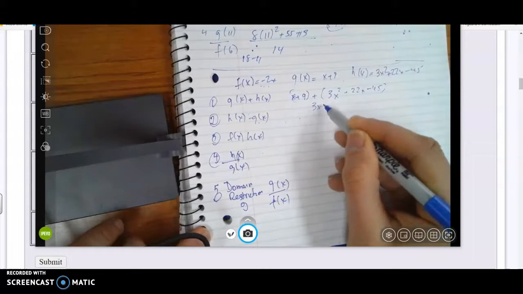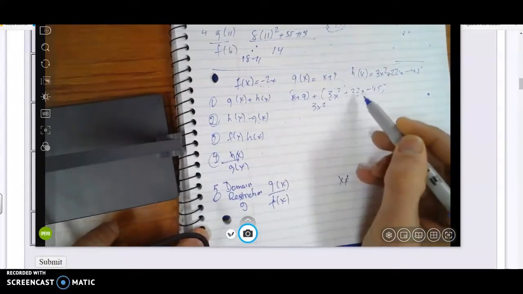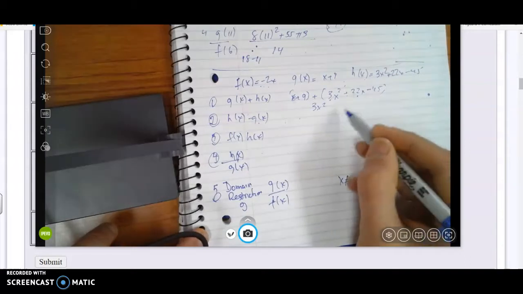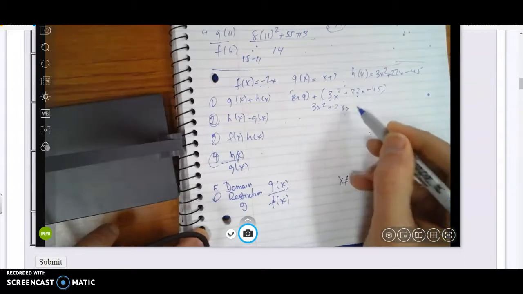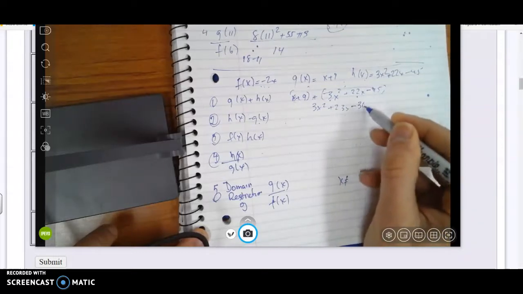So we get 3x squared, then x plus 22x, that's 23x, and then 9 minus 45, so we get minus 36.